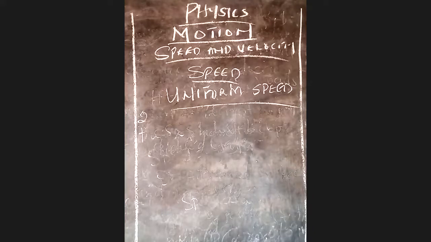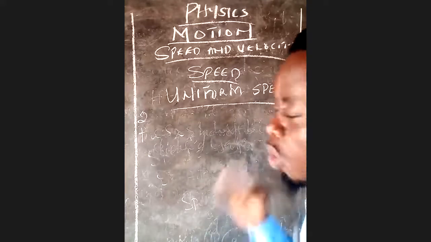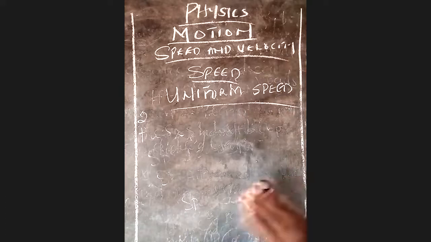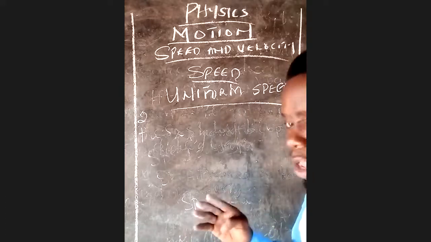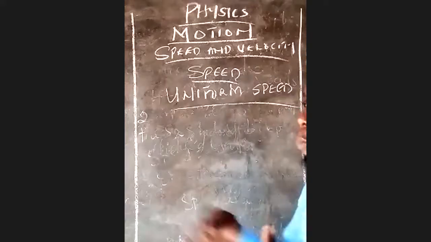So when we talk about uniform speed, what are we talking about? When the body covers equal distances in equal time intervals, no matter how small the time interval may be, the speed is said to be a uniform speed or constant speed.